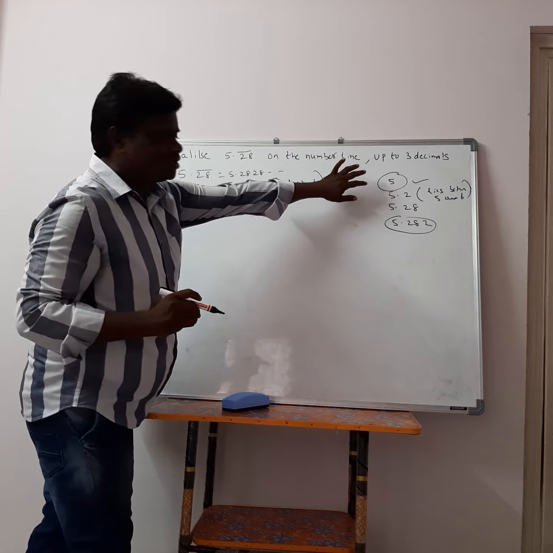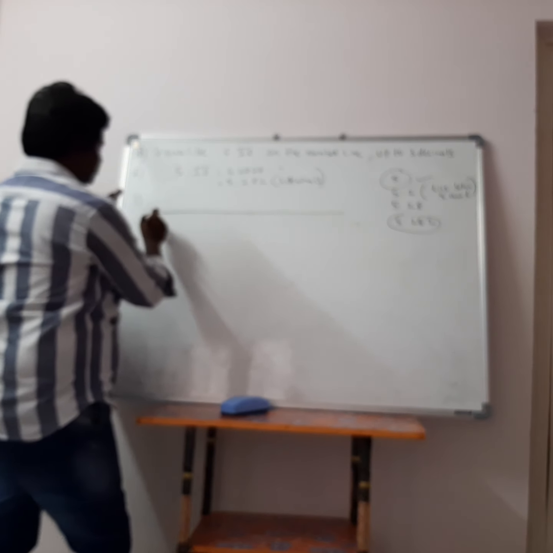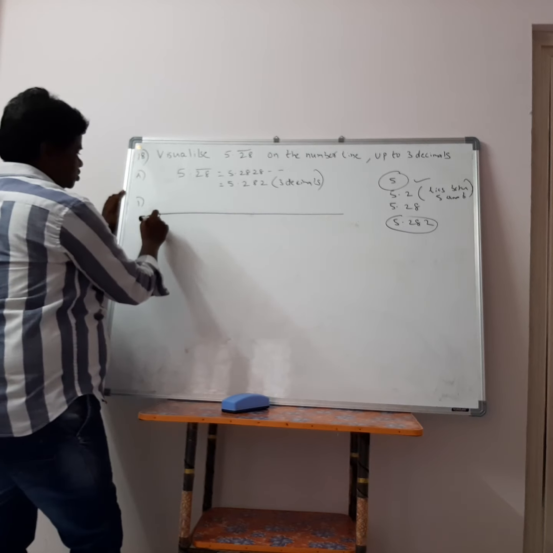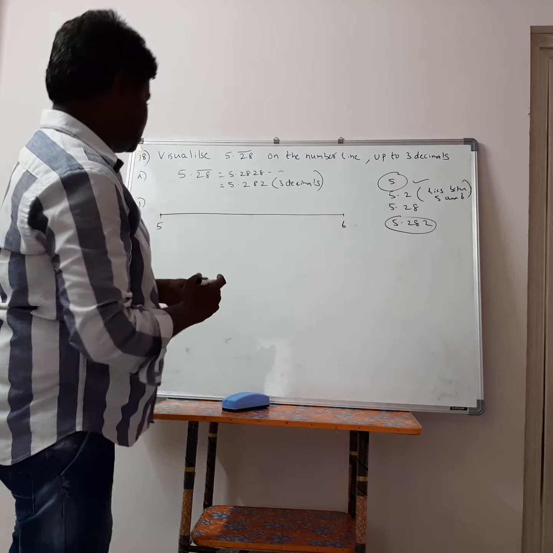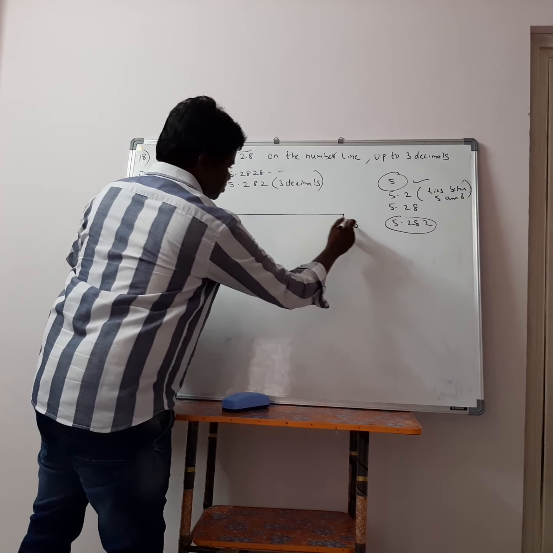No need to locate 5 again, directly 5.2 lies between 5 and 6. So you write 5 here and 6 here. Between 5 and 6 there are 9 points, that is 5.1, 5.2, 5.3. That means 5 means 5.0, and 6 means 6.0.